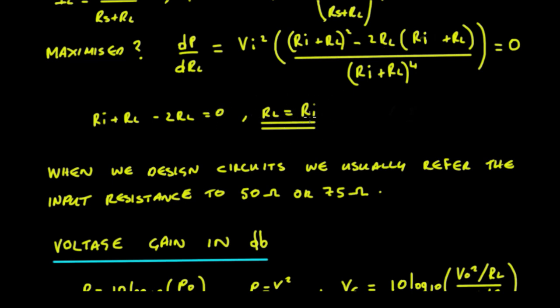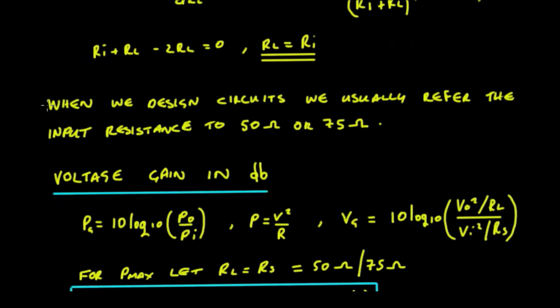Okay, so let's do a little bit of maths there. There are other ways of deriving that as well, other than using that differentiation. It's just the one I prefer. So when we design circuits, we usually refer to the input resistance, and the designers of, say, integrated circuits will tell you what the input resistance is in order for you to interface with them.